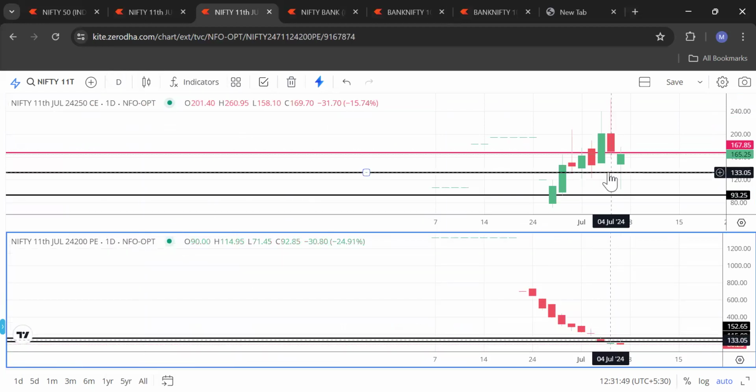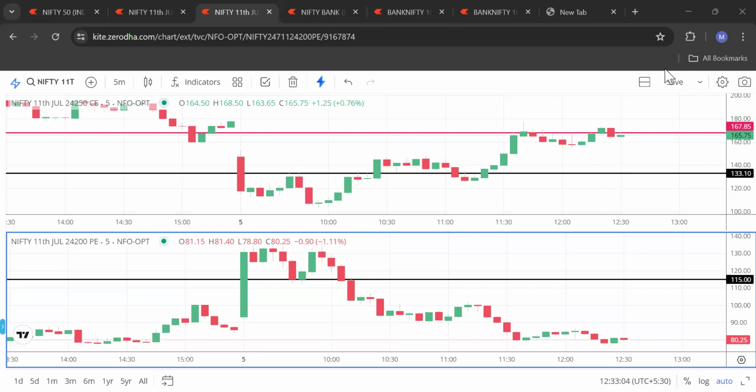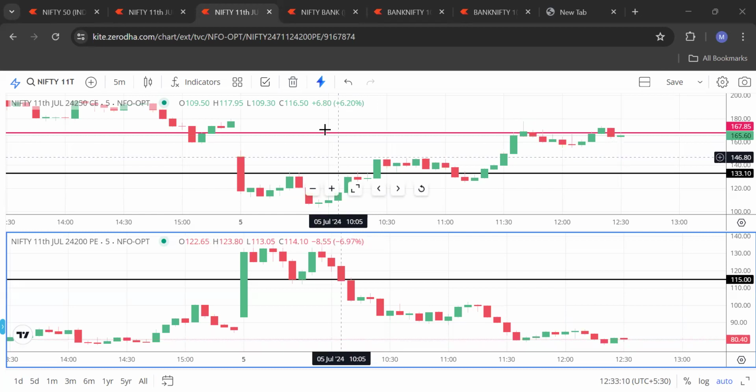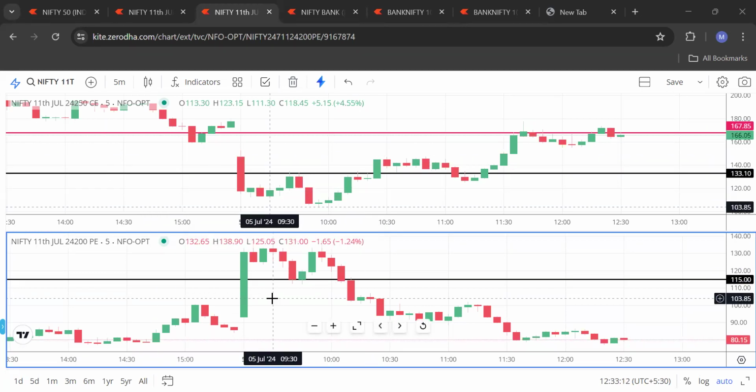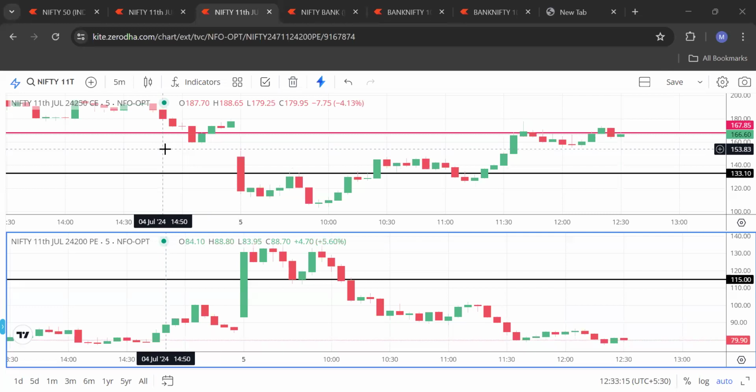See, this is yesterday's price, and on the basis of this, you need to calculate the SPP. Independently calculate the SPP of 24,250 call and 24,250 put. See here, this is a very simple, fast, more profit giving method. Now the SPP is 106.77.